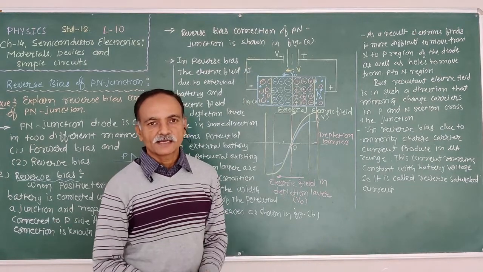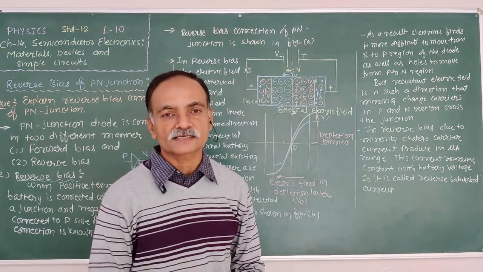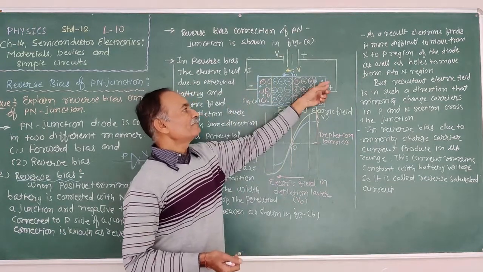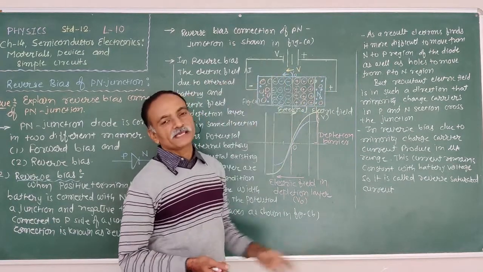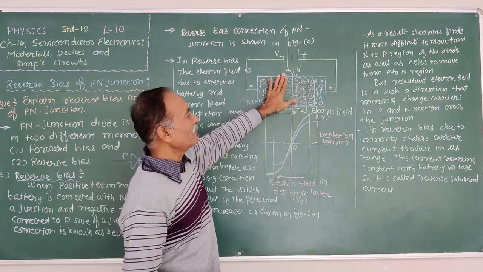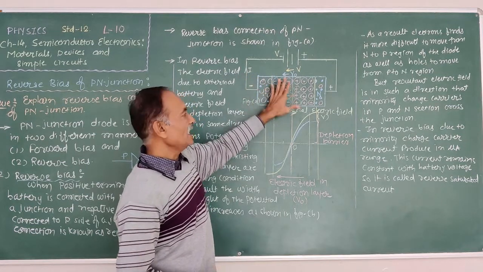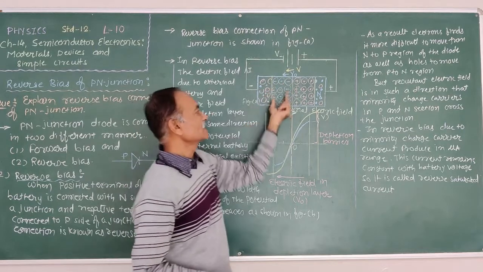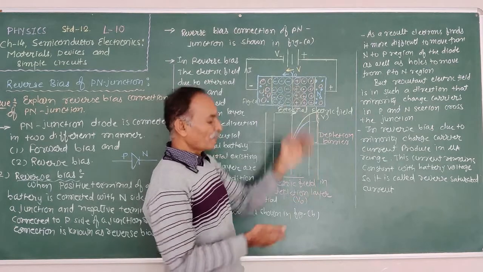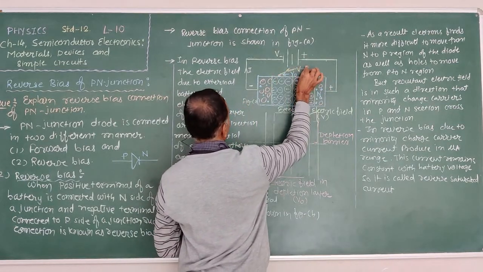Now what is the mechanism that takes place in reverse bias of a PN junction? Here the electric field is more. Therefore, the diffusion of electrons from the N to the P region is less, because the P side of the PN junction has the negative ionized charge, which opposes the motion of the electron.